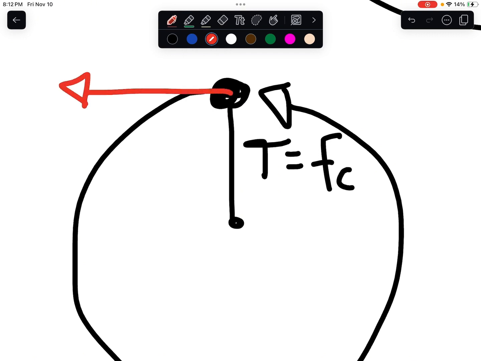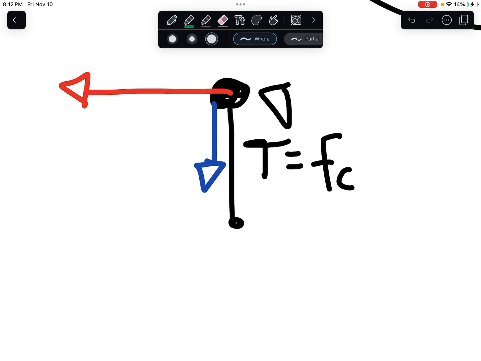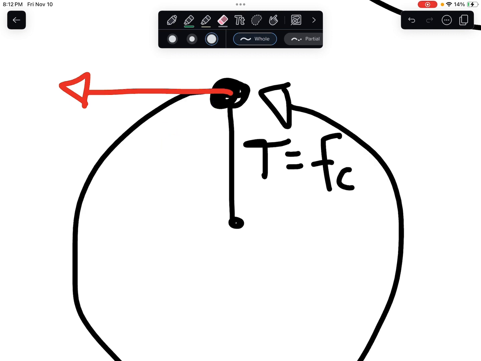So something needs to keep it going this way. And that thing is the centripetal acceleration, centripetal force, whichever one you want to call it. So because of that, the tension in the rope is the centripetal force.